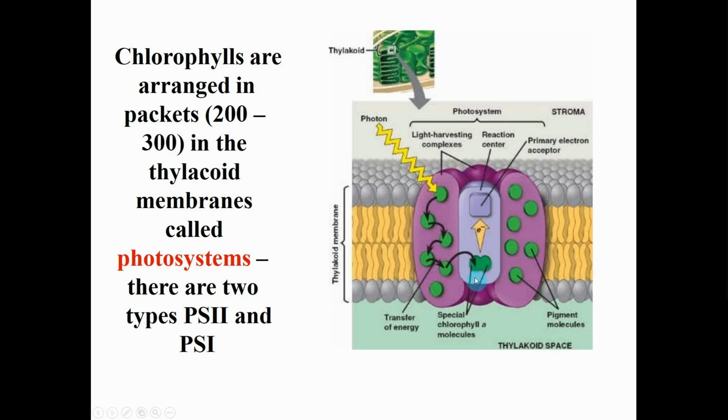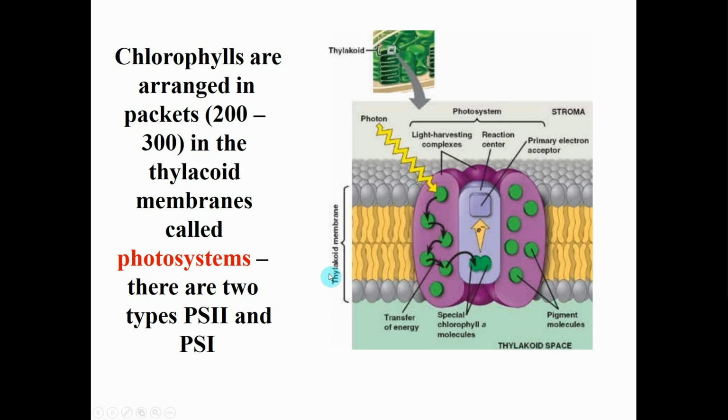Now this reaction center, we're going to get to it, but if this is photosystem 2, it can be called P680, and photosystem 1 can be called P700.